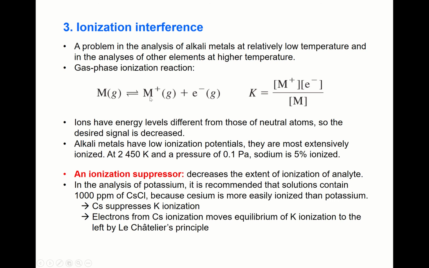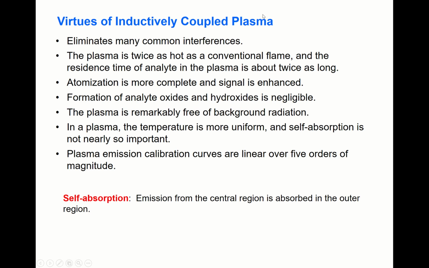From this equation, by the Le Chatelier principle, the concentration of electrons increases, and this equilibrium moves toward the left side. That's how the potassium ionization is suppressed. Very simple.